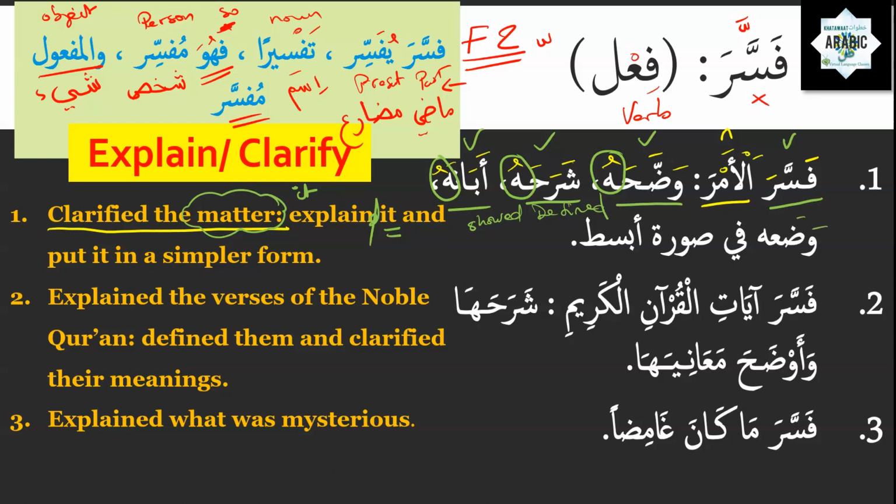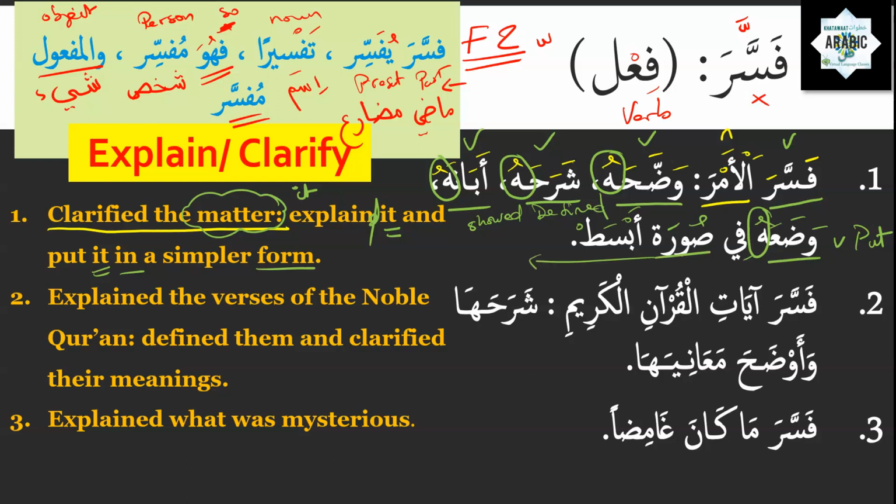The wada'ahu, this example, is also a verb. Wada'a means put, and wada'ahu, put it. Fi, in, fi surah absat. Wada'ahu fi surah absat. He put it in a simpler form. Form here refers to surah.